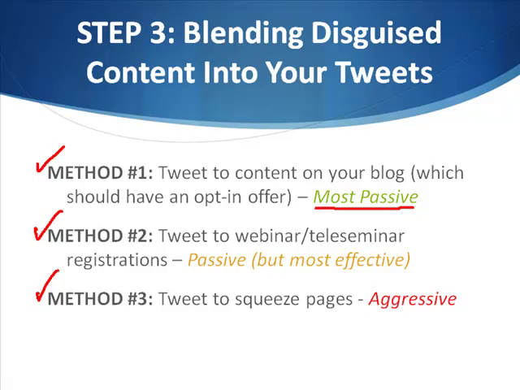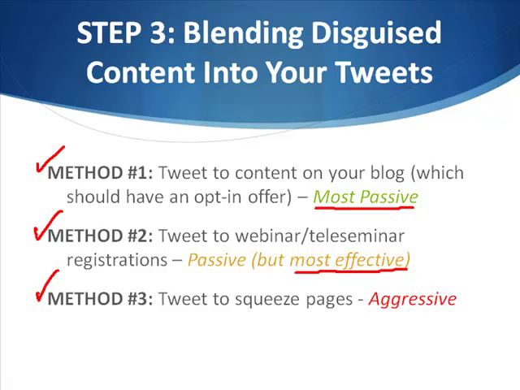Really, we probably generate more registrations to teleseminars than we do opt-ins when we send to a squeeze page. Is that right, Perry? Oh, gosh, yes. By multiples. Really, number 2 is the most effective. So if you're going to go with Perry's rule and only do 1 and 2, this method will still work. But you're only going to be doing so many webinars and teleseminars, and yeah, you can do replays and things like that.